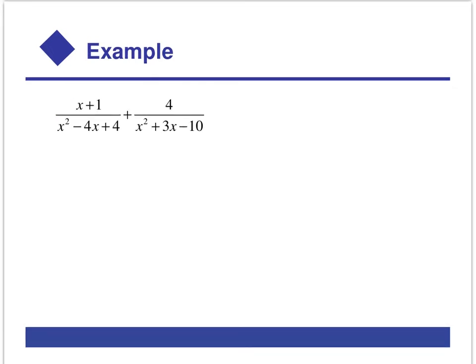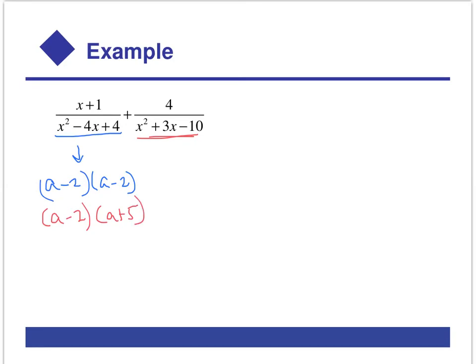Okay, let's look at the next one. Again, I'm going to find the common denominators. Let's look at this one right here. This factors down to a minus 2 times a minus 2. And I'm going to write this one in red. This factors down to a minus 2, a plus 5.